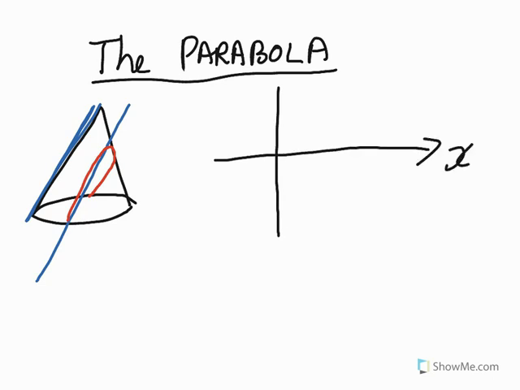So, in terms of conics, X and Y, our parabola actually sits on its side like so, which is a bit different than what we used to. We do have a focus here. We have a directrix, so over here.